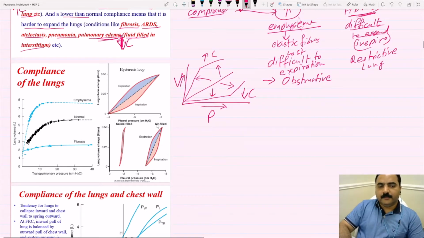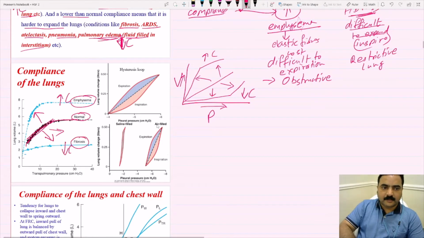Over here, this part is the normal range. If you shift to the left or upward, that means increased compliance, like emphysema. If it is shifted down or to the right, then it is fibrosis or conditions where there is decreased compliance.